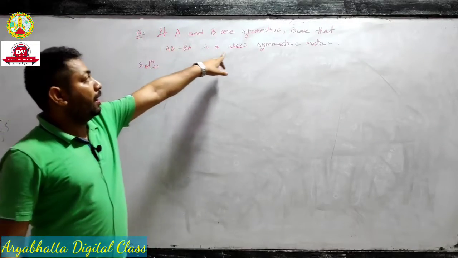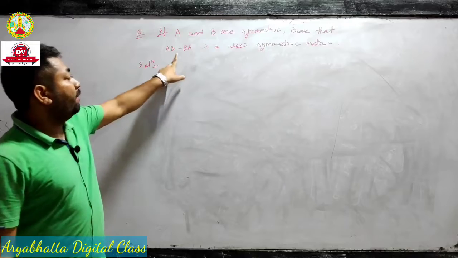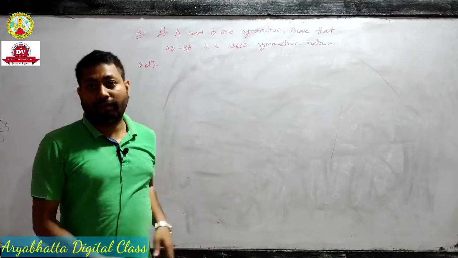If A and B are symmetric, prove that AB minus BA is a skew symmetric matrix.